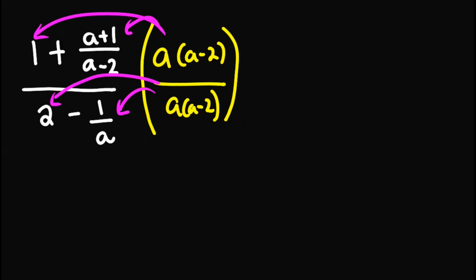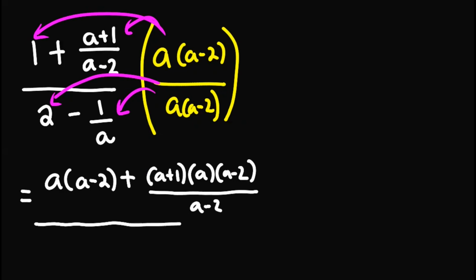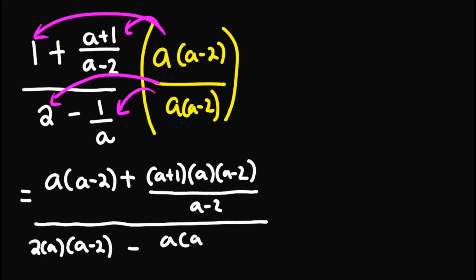So when doing that, we'll obtain a times a minus 2 plus a plus 1 times a minus 2 over a minus 2, all over 2 times a minus 2 minus a times a minus 2 all over a.